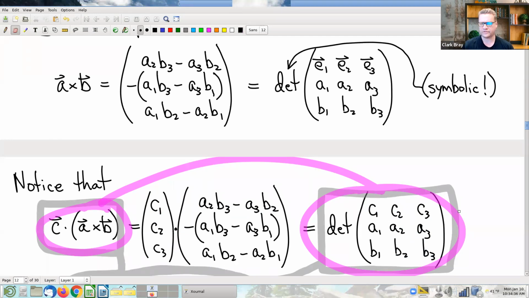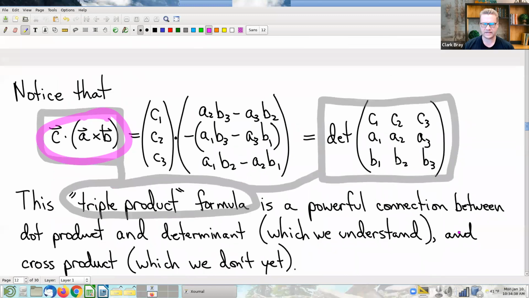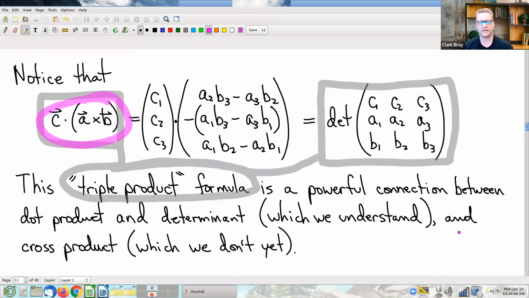Why is that useful? It turns out this is a phenomenally useful fact because here's the thing. We already understand dot products pretty well. We understand determinants pretty well, right? We know a lot of facts about determinants and volumes and right-hand orders and stuff like that.